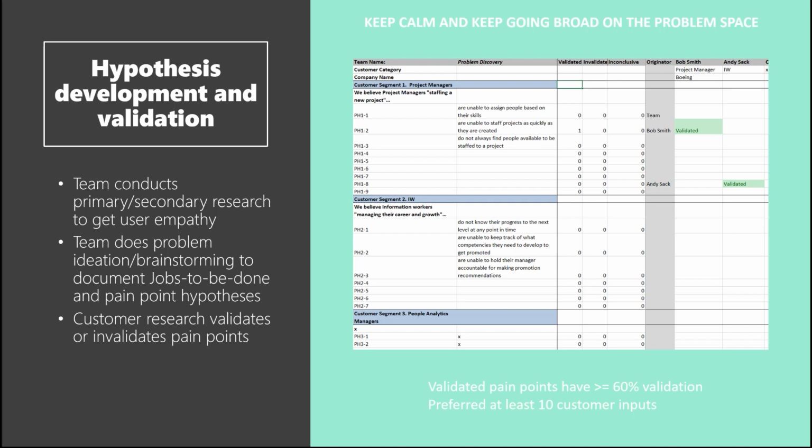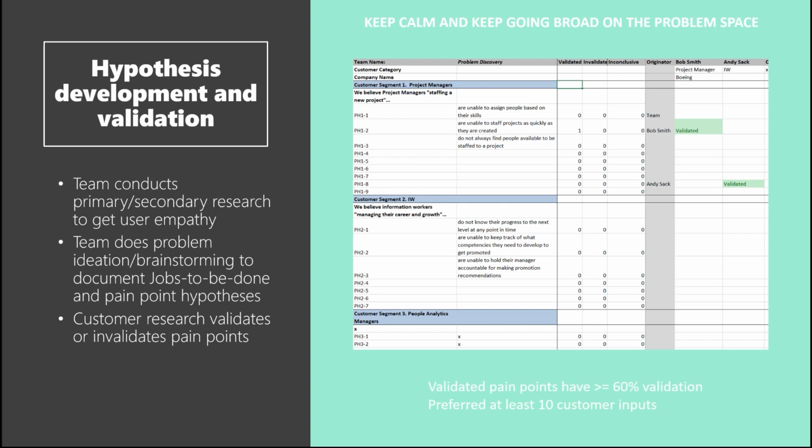The spreadsheet basically has a bunch of customer segments, and it has problem hypotheses. The way that we came up with these customer segments and hypotheses was we just did a 2 hour long workshop with 4 or 5 people who were going to help out with this effort. We sat together and identified, based on some intuition as well as some secondary research that we had done prior to the workshop, some of the jobs to be done for each of these personas.